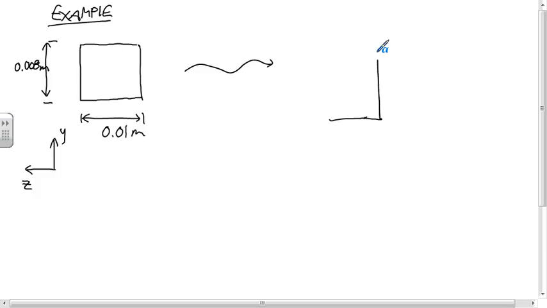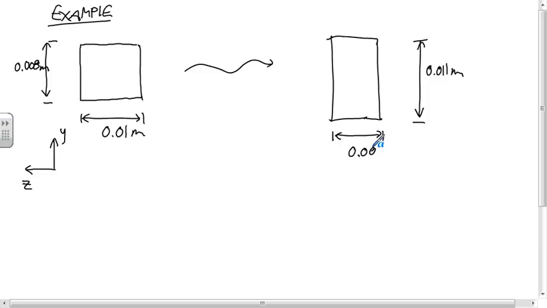Okay, and after the deformation, I'm sort of exaggerating this deformation so you can tell what's going on, but it deforms into something with a height of 0.011 meters and a width of 0.005 meters.